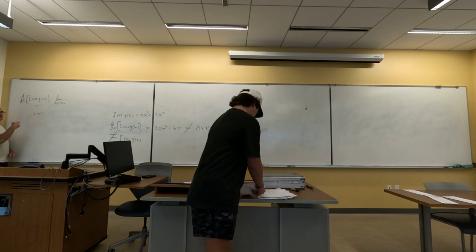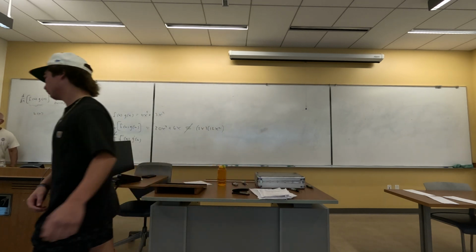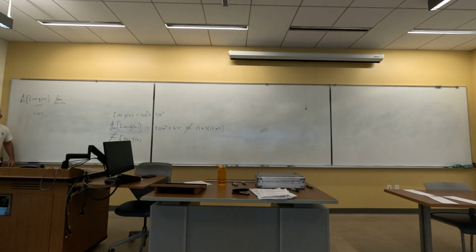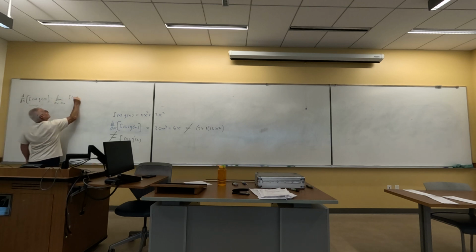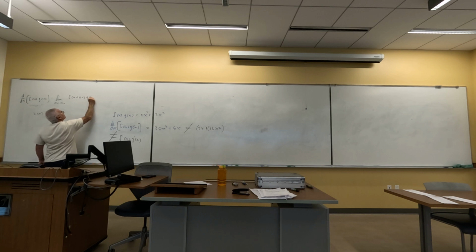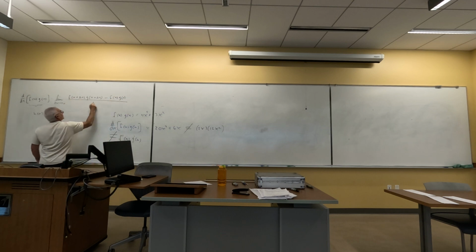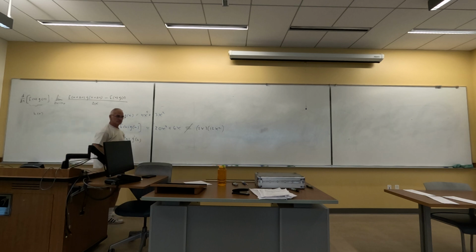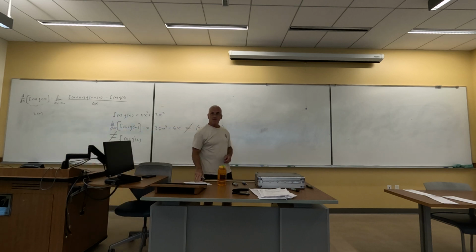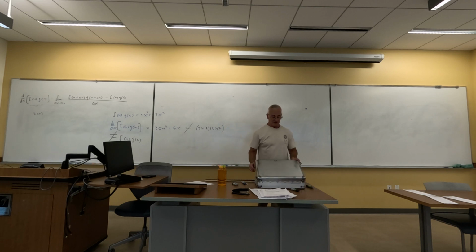And so what I need is this function evaluated at x plus delta x, which would be the equivalent of evaluating each of these, then minus f of x times g of x, all over delta x. Okay, you with me on that one? So this is the derivative of the product in limit form.